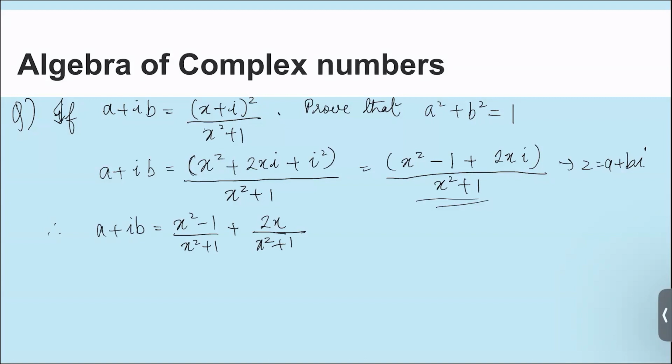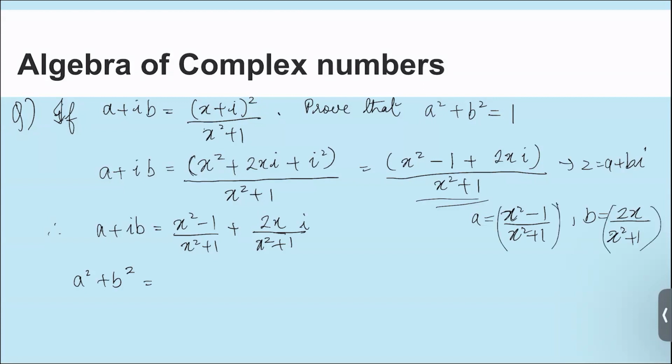So over here you can see that a is the real part, x squared minus 1 upon x squared plus 1, and b corresponds to the imaginary part, 2x upon x squared plus 1. Okay, so now if we want to find a squared plus b squared, you put this entire term into a whole square and this term into a whole square.